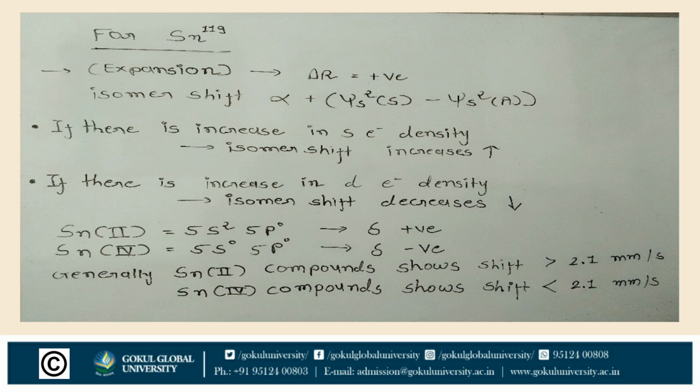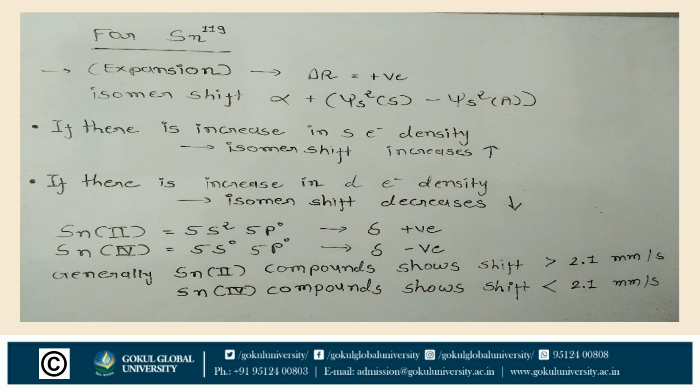It means the isomer shift will change positively with the change in s electron density. So the isomer shift increases with increasing s electron density, and when s electron density decreases, the isomer shift decreases. So you should be careful about which element is asked, or whether it is given as a compression or expansion.